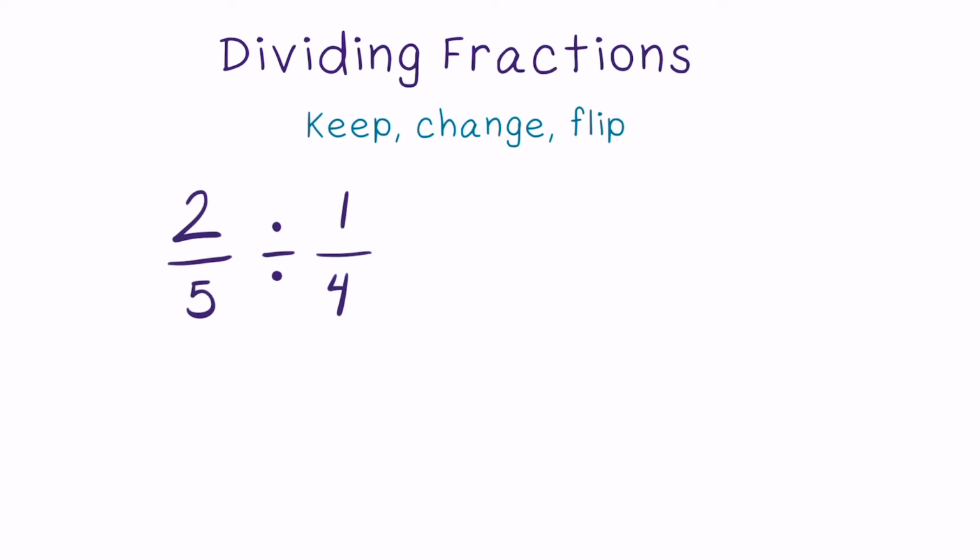When I think about the steps of keep, change, flip, I should make sure to complete those steps in that order each time. So in this case, I'm going to rewrite my equation. 2/5 I'm going to keep as 2/5. Next, I'm going to change or switch the operation.